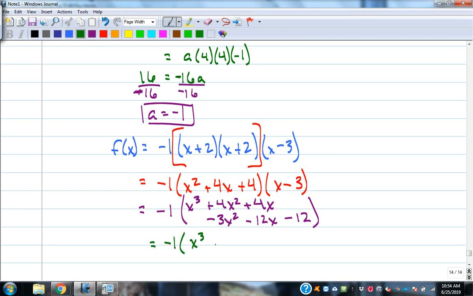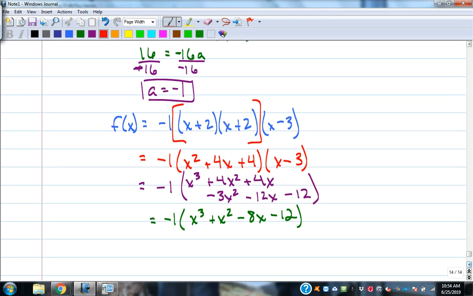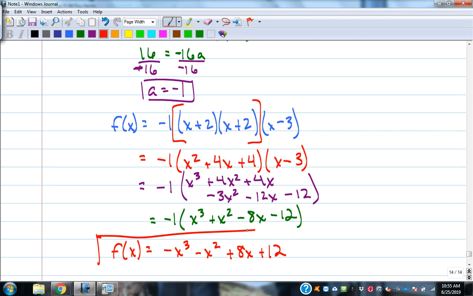So x cubed plus x squared minus 8x minus 12. And then the last step's the easiest one: multiply by -1 because that's what we found A to be. -x cubed minus x squared plus 8x plus 12. And there's our polynomial that meets all those conditions that they gave us.